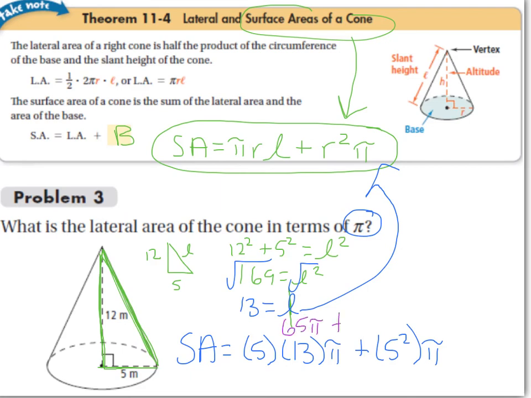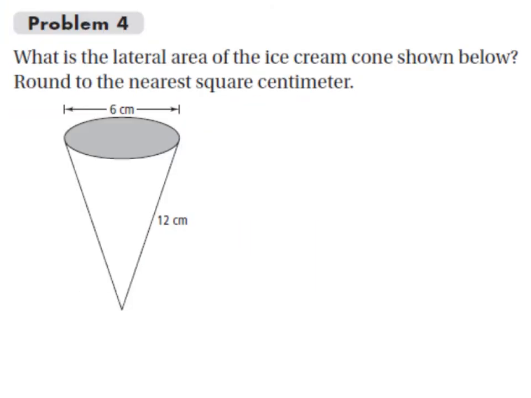And 5 squared is going to give me 25 pi. And now I can just add 25 plus 65 to get 90 pi. My units are meters squared. So it's the same concept, except now you're using r and pi because it's dealing with a circle.